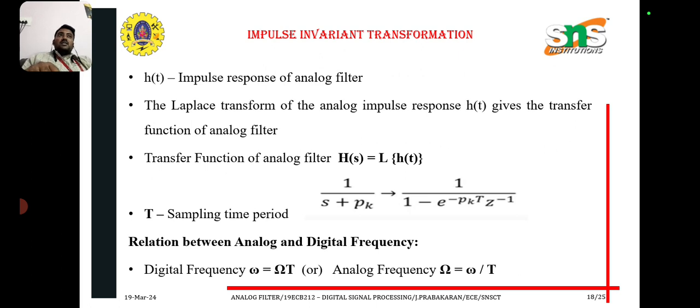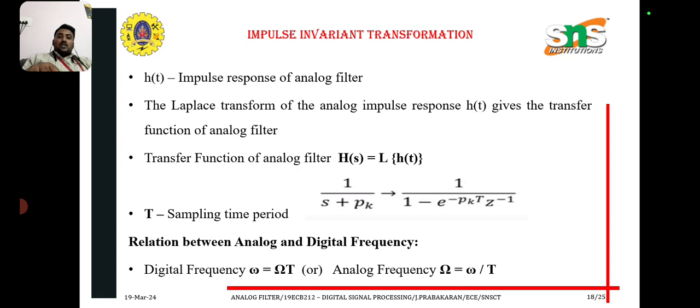Aliasing occurs during the sampling process, and here small h(t) is the impulse response of the analog filter, and the Laplace transform of the analog impulse response h(t) gives the transfer function of the analog filter. Transfer function of analog filter H(s) equals the Laplace transform of h(t).